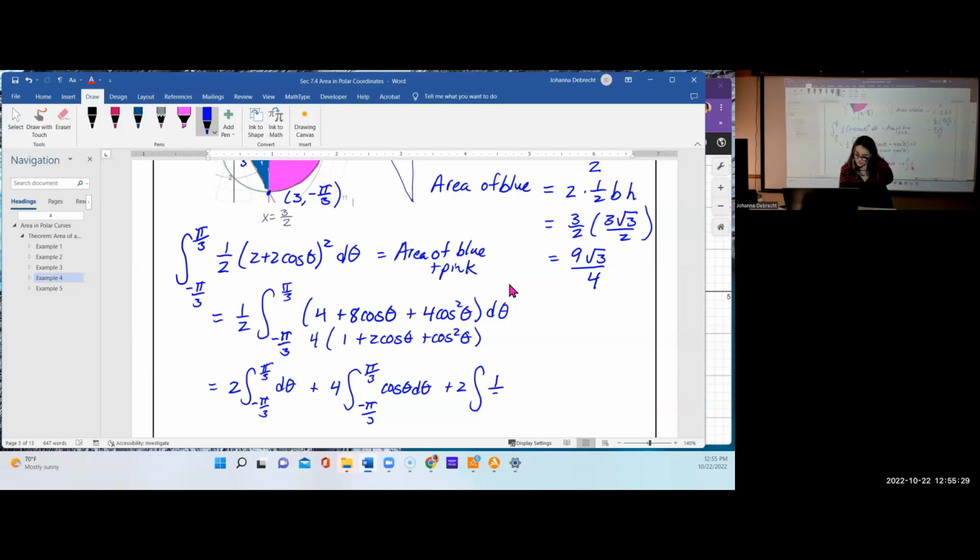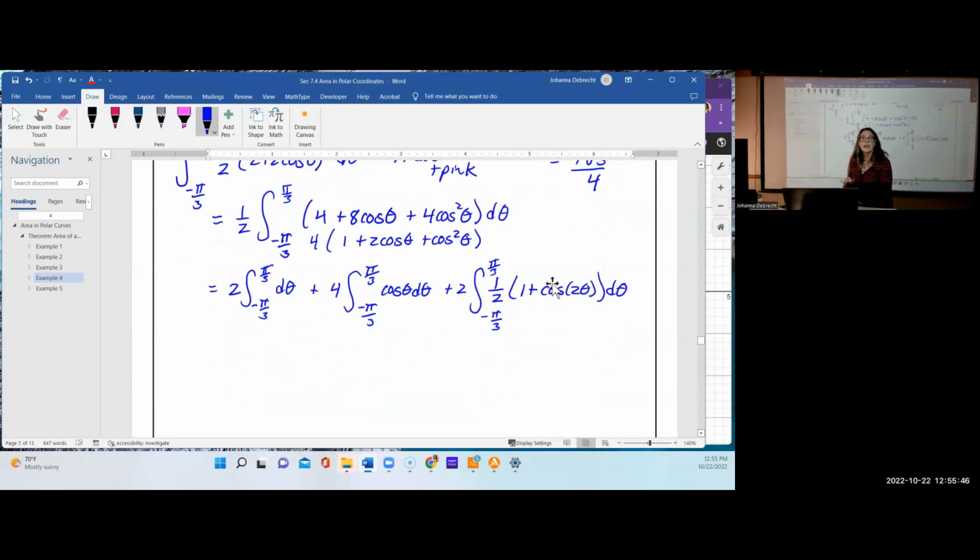But cosine squared becomes 1/2 times 1 plus the cosine of 2 theta d theta. This is from negative pi over 3 to pi over 3. So the 2 times 1/2 cancels, and I get a 1, right? If you want to pause the video, you can pause the video here, work out the rest of it, and then turn the video back on, and we'll compare our results.